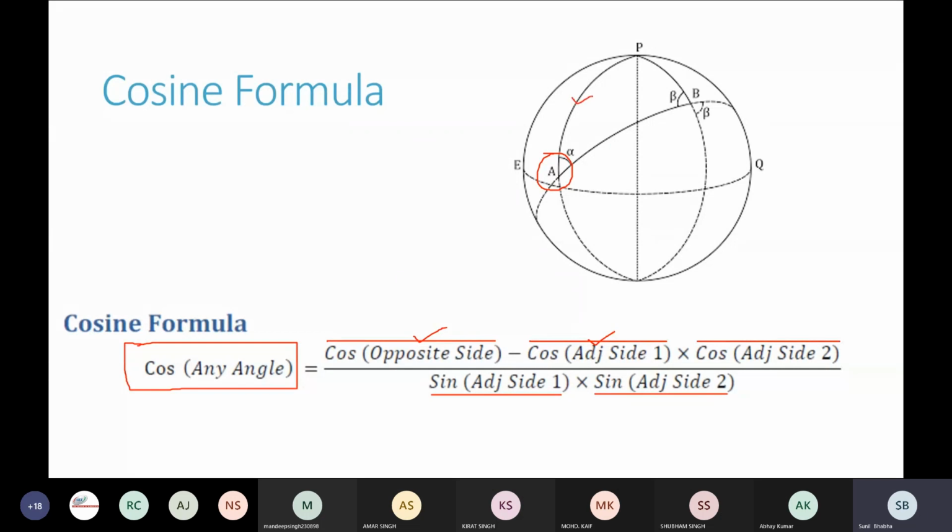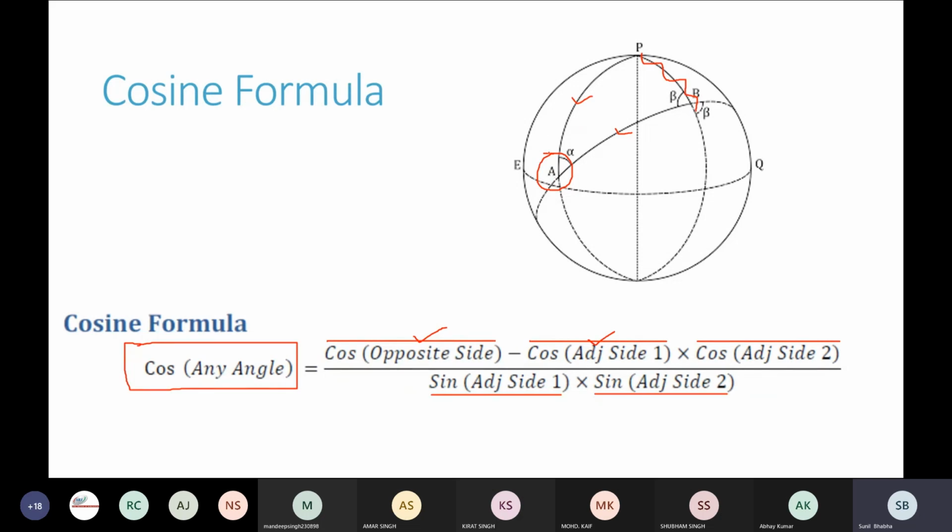That is side PA and side AB. These both sides form part of this angle A. These are known as adjacent sides. And you see there is one side which is not connected with angle A at all, and that is side PB, this one. So the side which is not connected to the angle is known as opposite side.